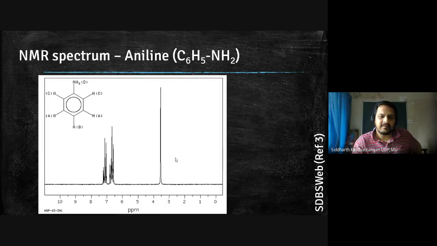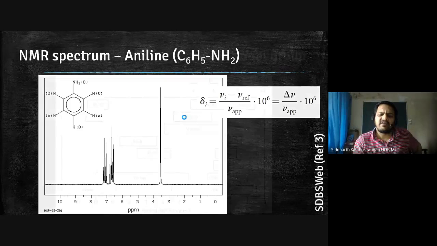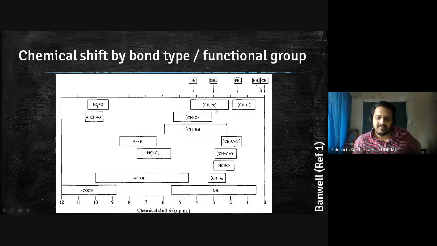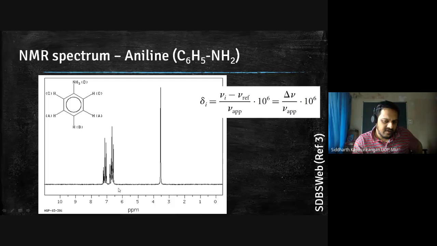So that is this one somewhere here. So if you know that there is a nitrogen, then you will get a peak somewhere between 3 and 4. And if there is aromatic, you will get it somewhere between 7 and 8. And that is exactly what you are observing over here for aniline.